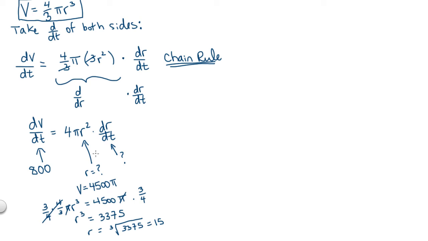If we plug in everything, we've got 800 on the left side, and that's equal to 4 pi times 15 squared times dr by dt. Okay, so if we do a little bit more arithmetic here, if we multiply the 4 times the 15 squared, we get 900 pi, and that's times dr by dt.